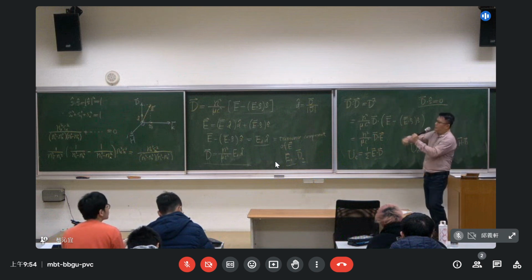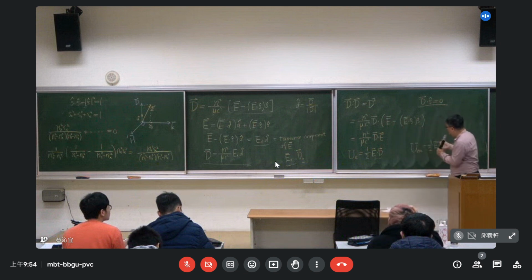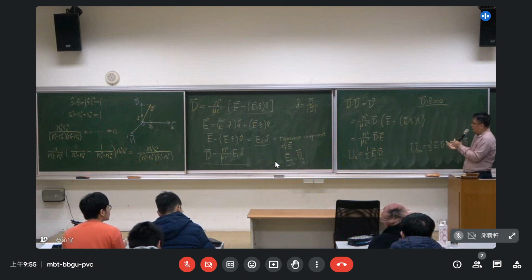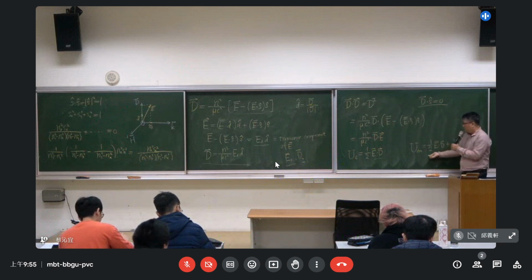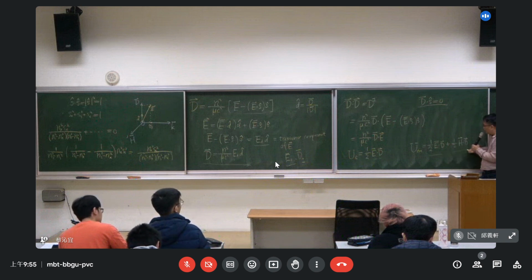They keep alternating, so in one cycle the time average of this part is in fact equal to the time average of this part.